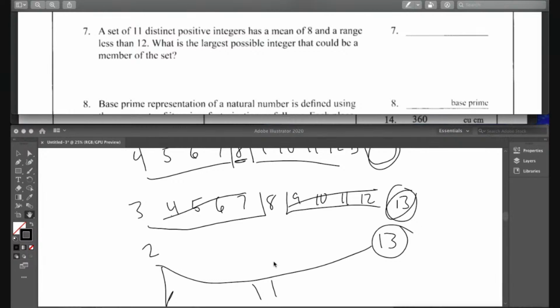And 8 is going to be close to the middle. So then I would just test that.